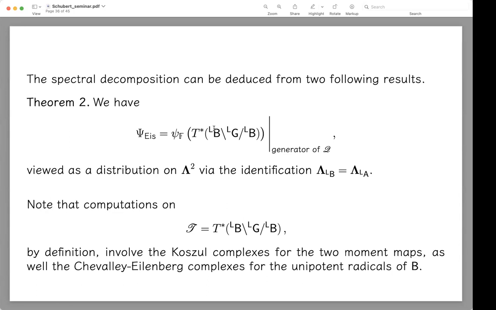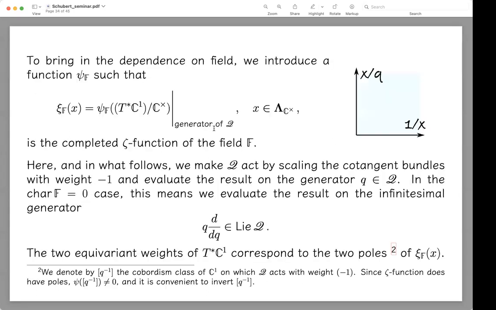Right, so that's first. And since this is T star of something, this lives in the world of T stars, and so in particular, this really depends only on the zeta function and not on the particular genus.